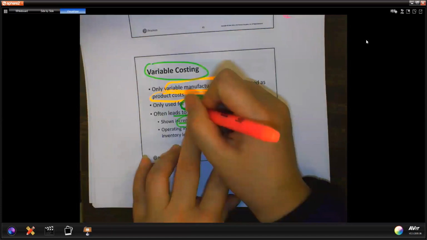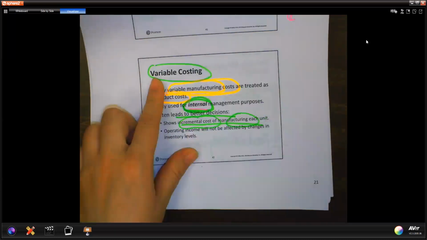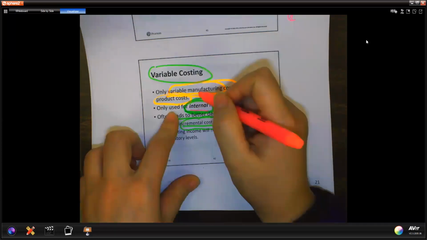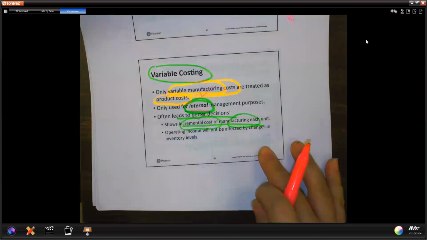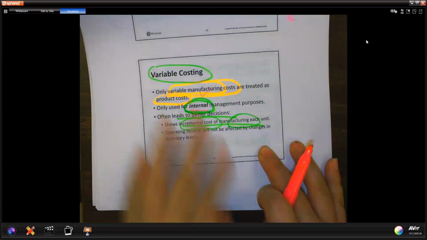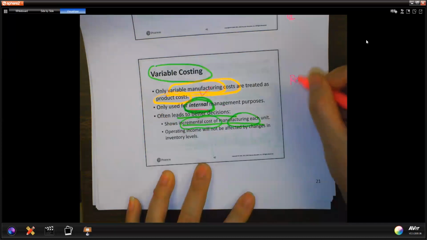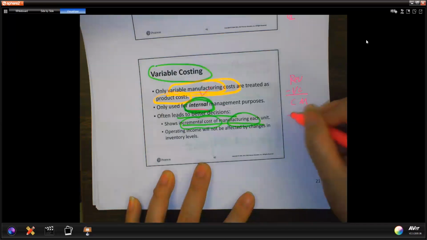Variable costing is only for internal use, and it only includes variable manufacturing costs. Revenue minus all the variable costs gives you contribution margin, minus fixed costs gives you operating income.